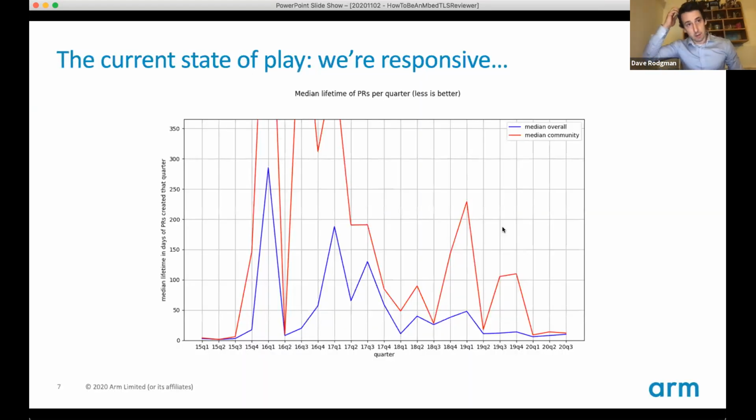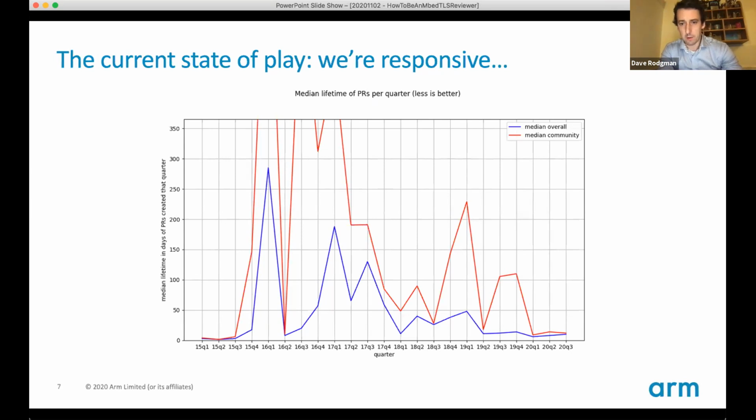So the background, current state of play, we've got a graph here showing the median lifetime of a PR. The x-axis is time, last 5 years or so. So you can see over the last 5 years or so, median lifetime of the PR has dropped. It was not very good, say 4 or 5 years ago.